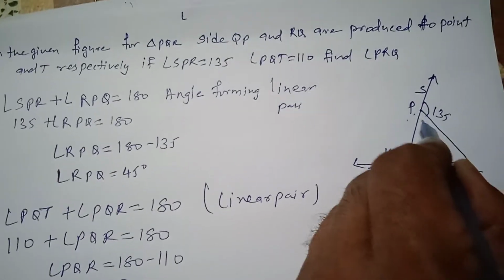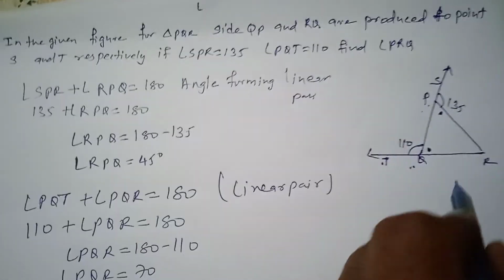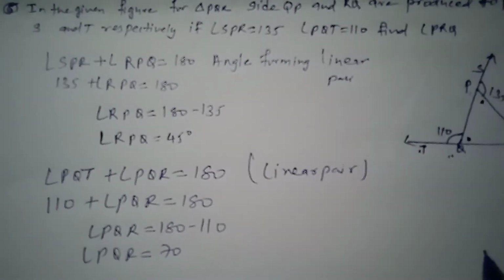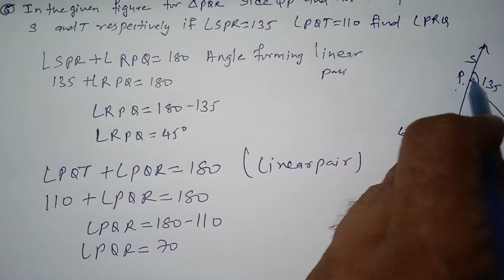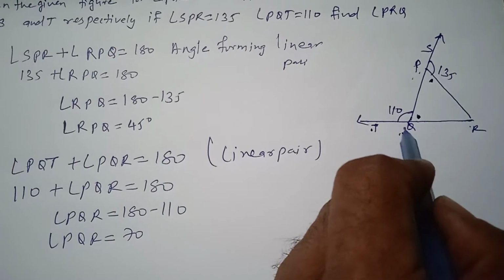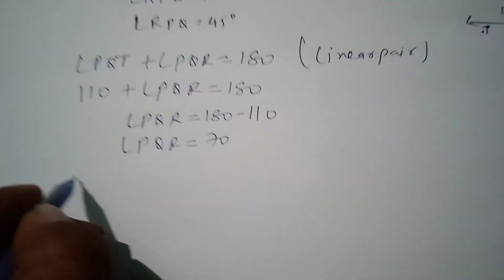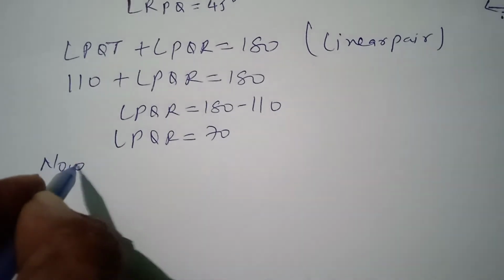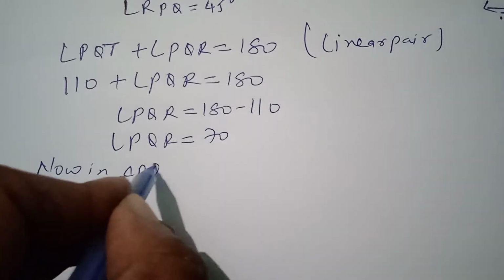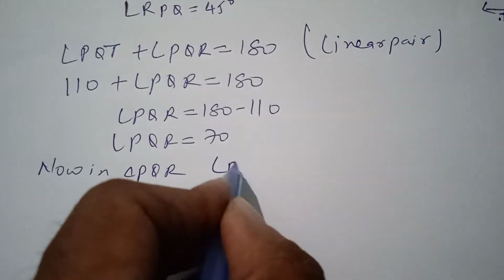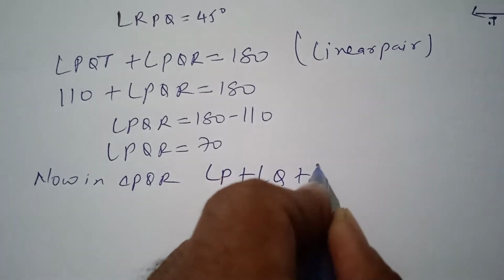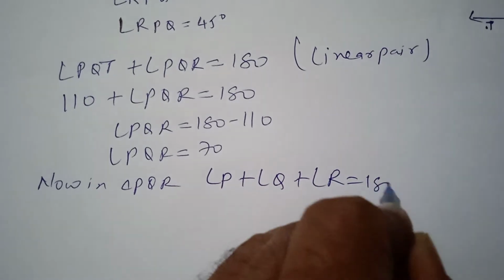PQR we are getting, RPQ we are getting. We want to find PRQ. To get the angle PRQ using the triangle property, now in the triangle, angle P plus angle Q plus angle R is equal to 180.